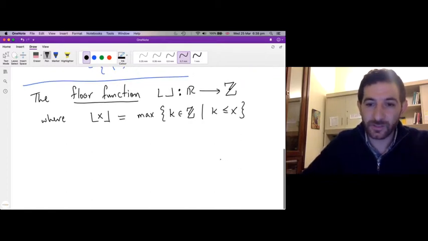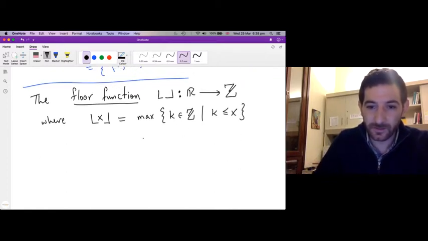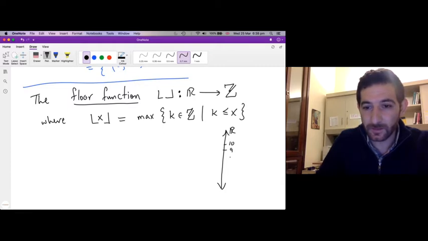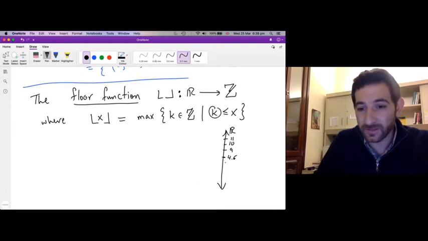So how to picture this floor function? Imagine we have the real numbers but written vertically. So this is, say, 10, 9, 11, and so on. So if this is x, say x is 4.6, okay, x is a real number, then the floor of x is the largest of all integers k less than x. So what are the integers less than x?